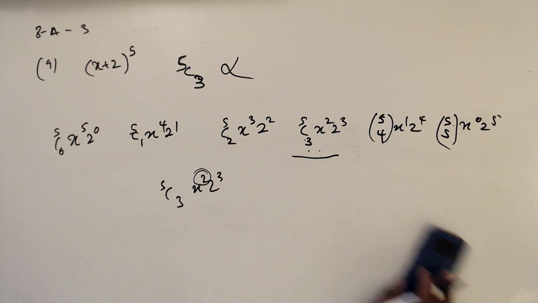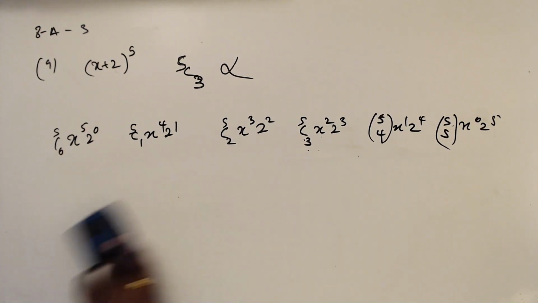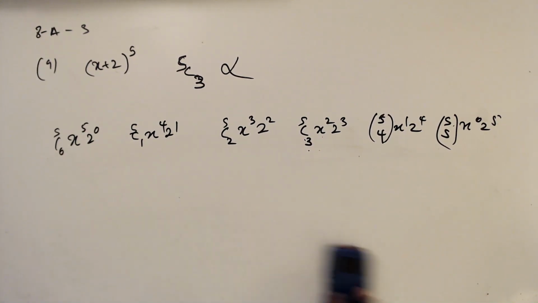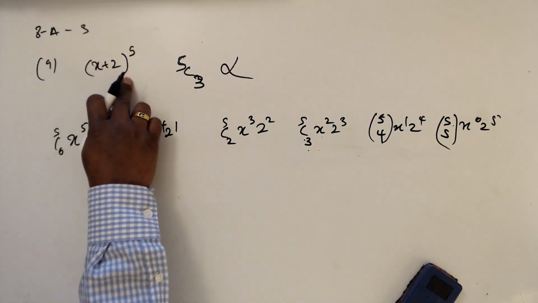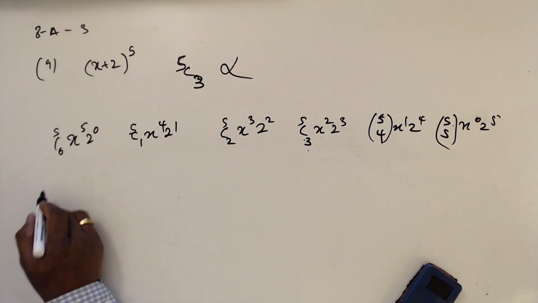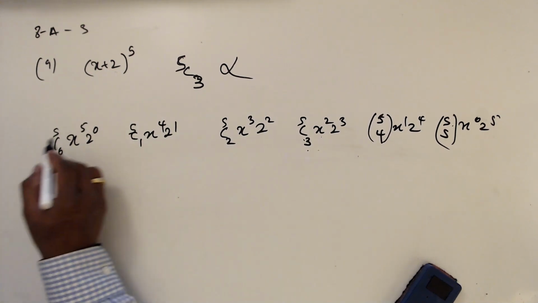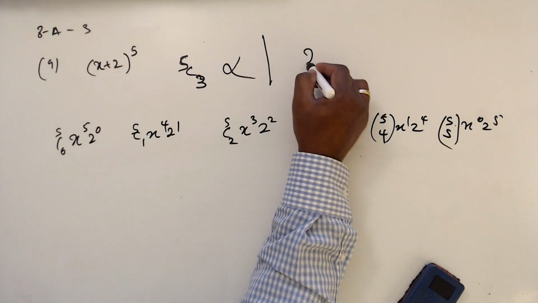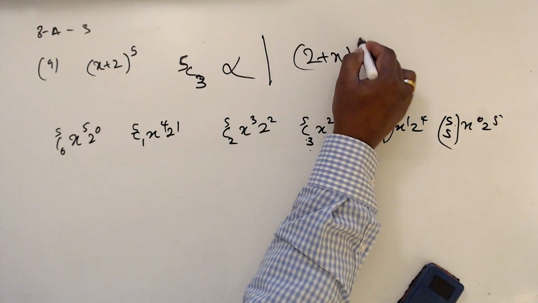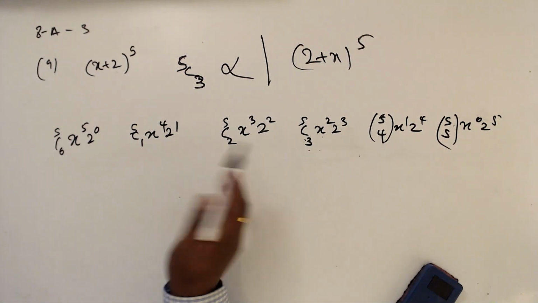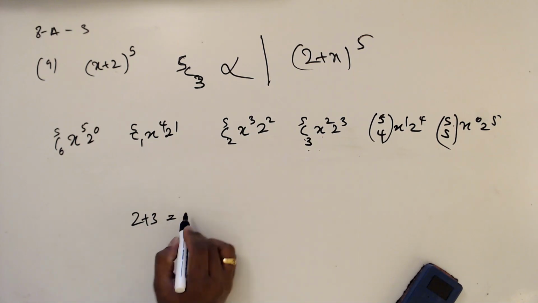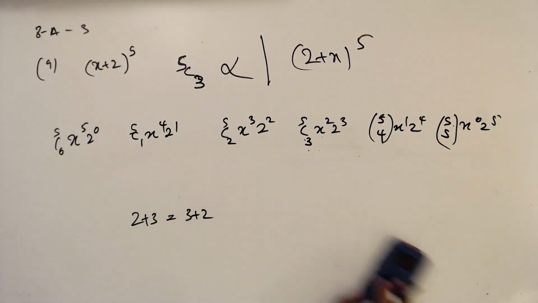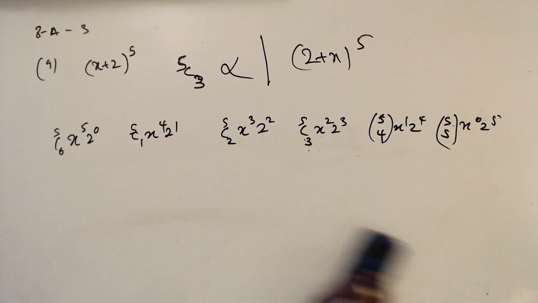If you try to use the short technique, then you have to switch this one. Instead of expanding x plus 2, you want to expand 2 plus x. You can switch like that, because 2 plus 3 you can write as 3 plus 2. There is no harm and it is mathematically right.